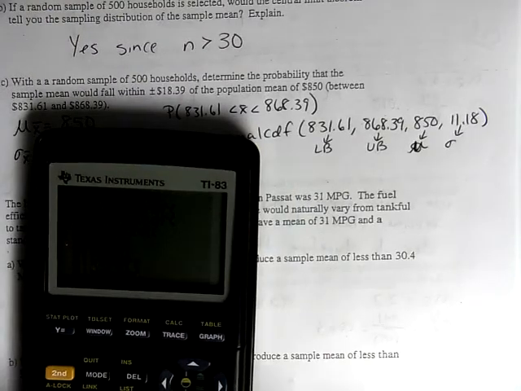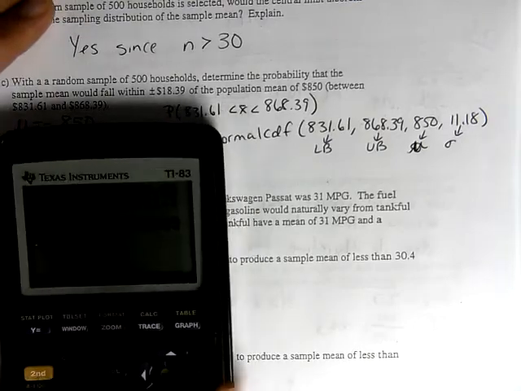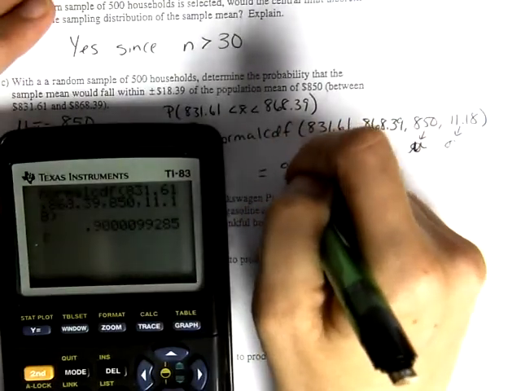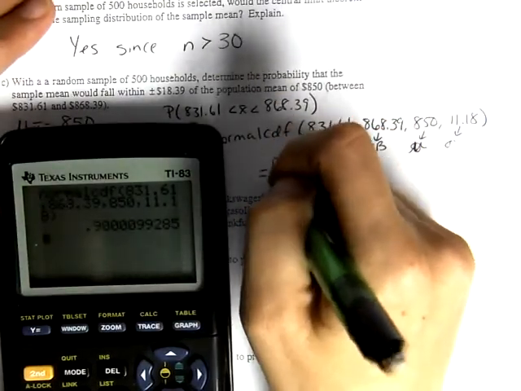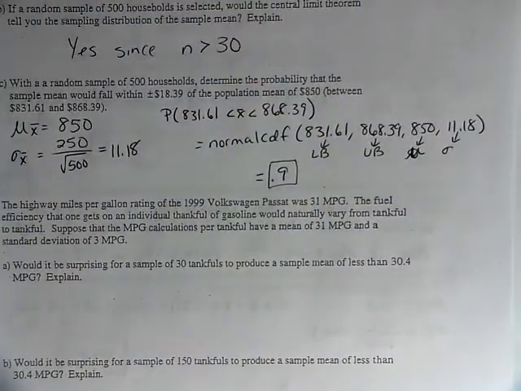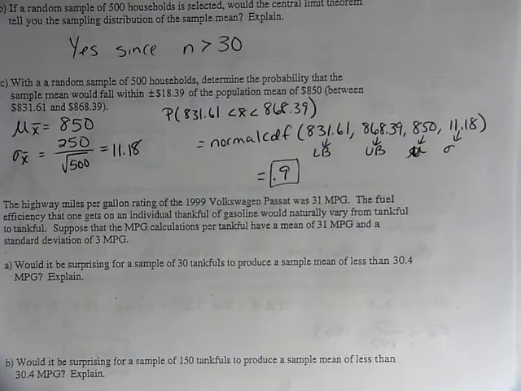So, normal CDF, 831.61, 868.39, 850, 11.18. Oh, so it's like exactly 90%. So 90% chance that it falls between $18.39 within the mean, the population mean.